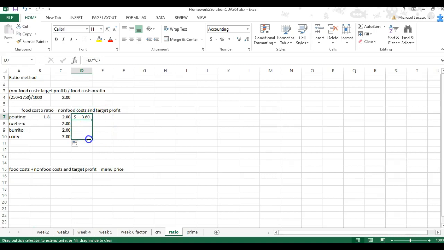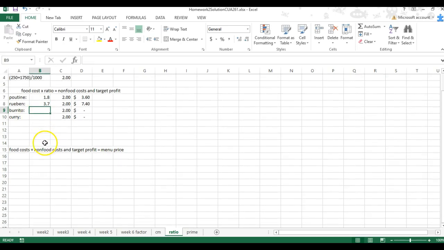So we can pull that down, and once you plug in the rest of those numbers, it's automatically going to fill in for you. So threw in 3.7, just hit enter. Bam, did all the work for you. And now that we know our non-food cost and target profit, we can go on to step 3.